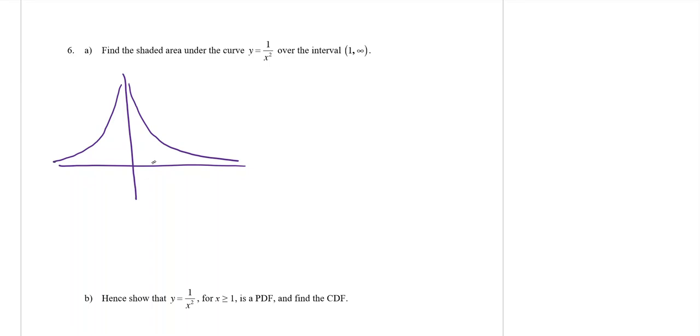I'm wanting the area from 1, so if I draw a dotted line there, all the way to infinity, so everything is going all the way up there. Area will be equal to the integral from 1 to infinity of 1 over x squared dx.